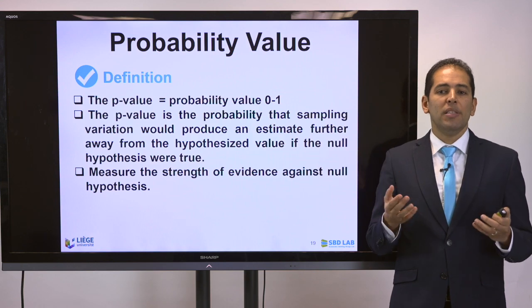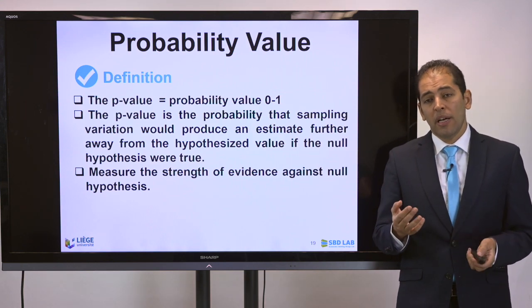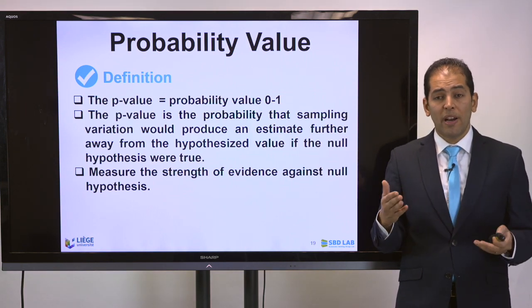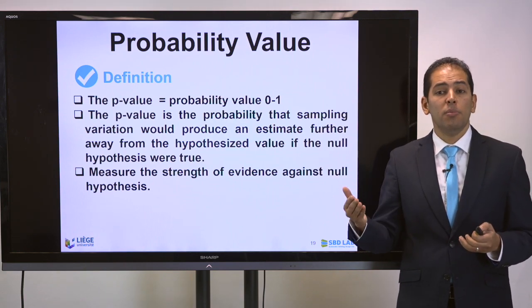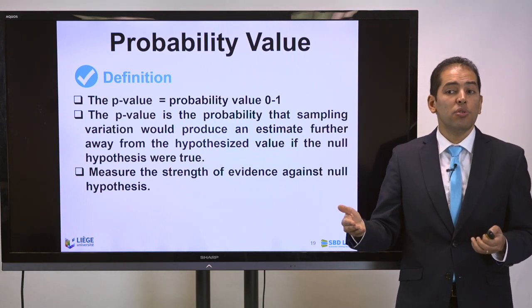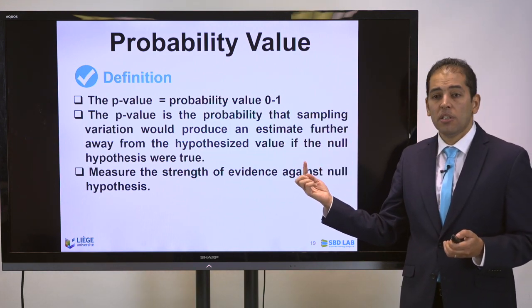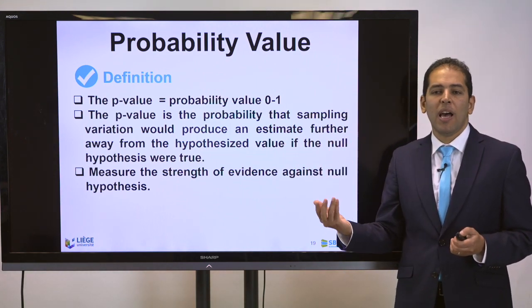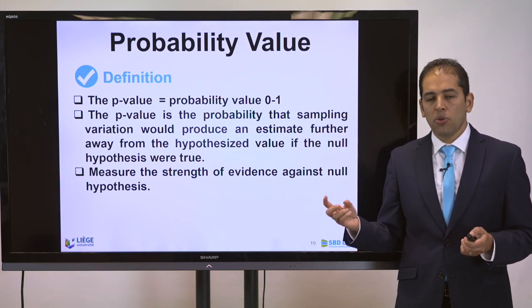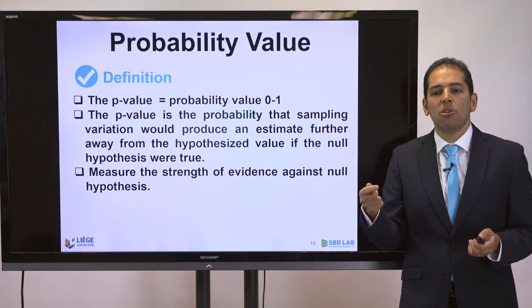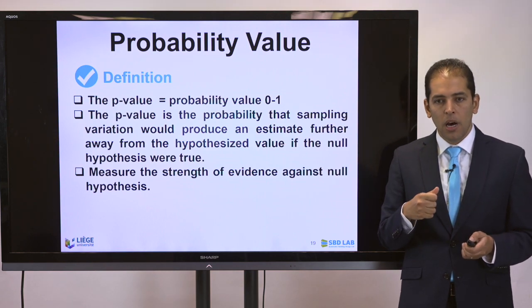The probability is represented through the p-value, and the probability value can be between 0 and 1. The p-value is the probability that sampling variation would produce an estimate further away from the hypothesized value if the null hypothesis were true. So it's a measure of the strength of evidence against the null hypothesis.